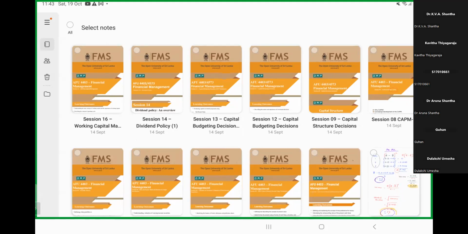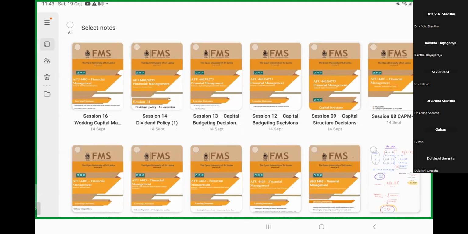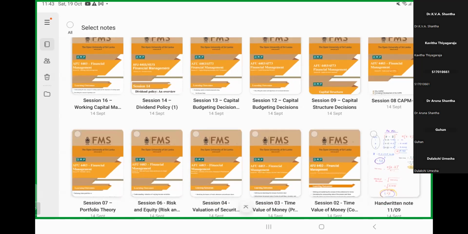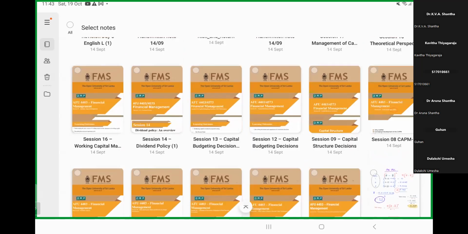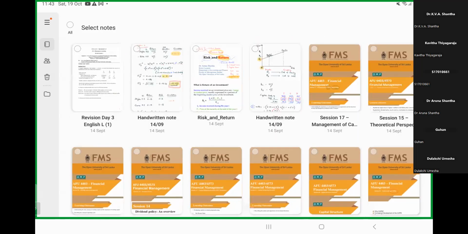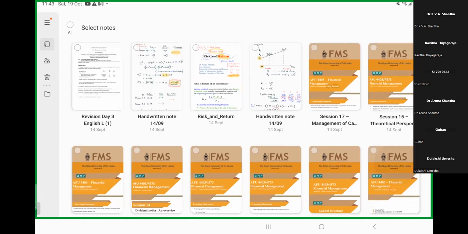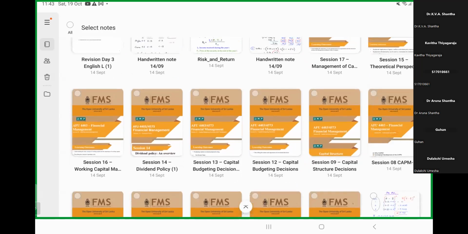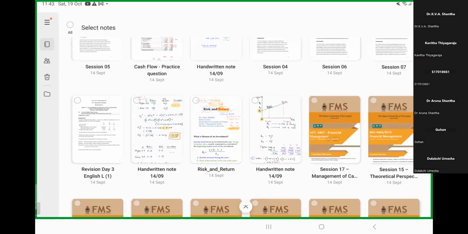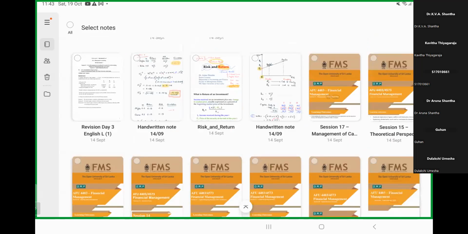It's a very big estimation. Is it available in the course material? Yes, it's in session 10, working capital management. Send me a photograph. Sure, sir. You send it on Zoom, then I will discuss it.